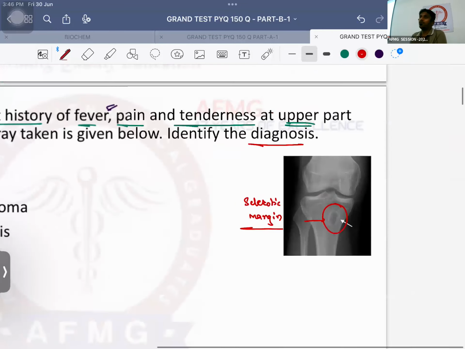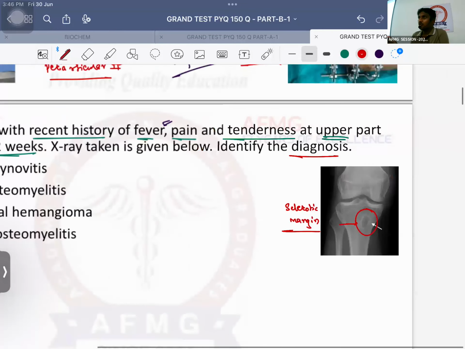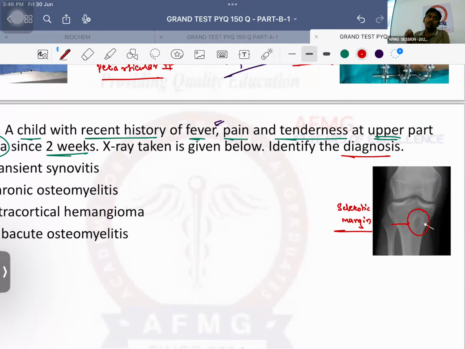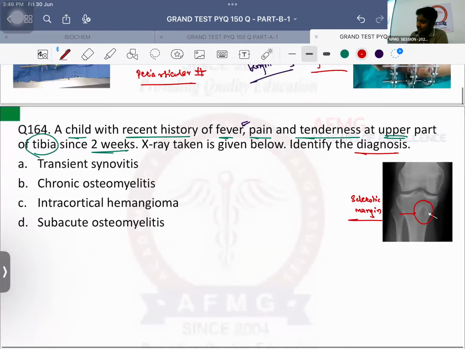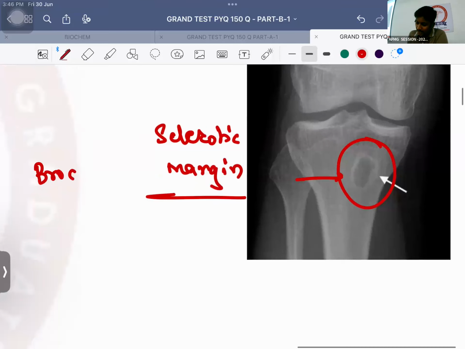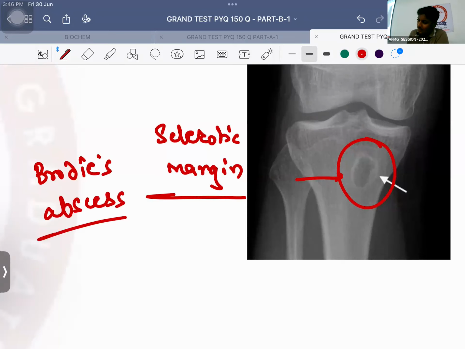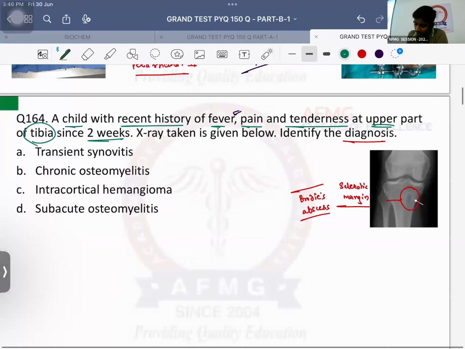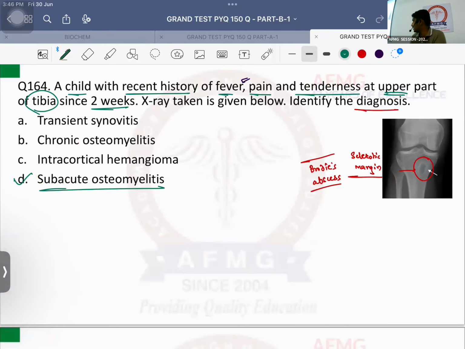So this is a case of, it cannot be chronic because the infection cannot spread further. So it is a case of subacute osteomyelitis, and this is classically called which abscess? Anybody? Brodie's abscess. Either they will mention it in this format, it is known as Brodie's abscess, or it can be a case of subacute osteomyelitis. Please remember that. No issues with this, anybody?